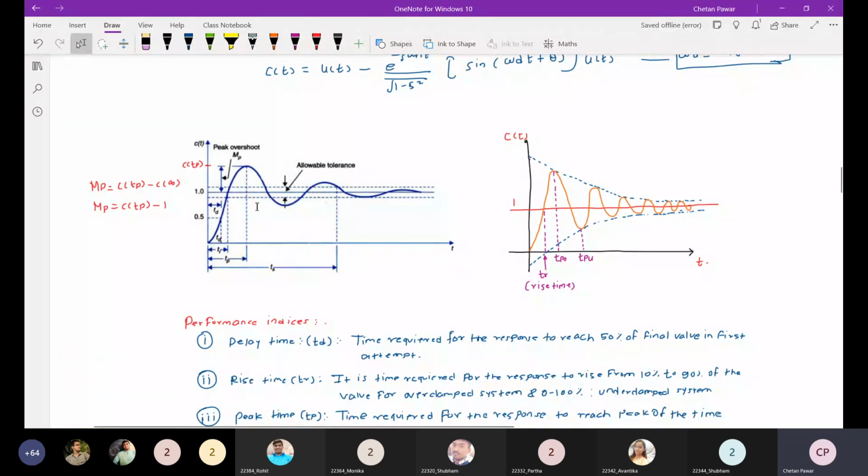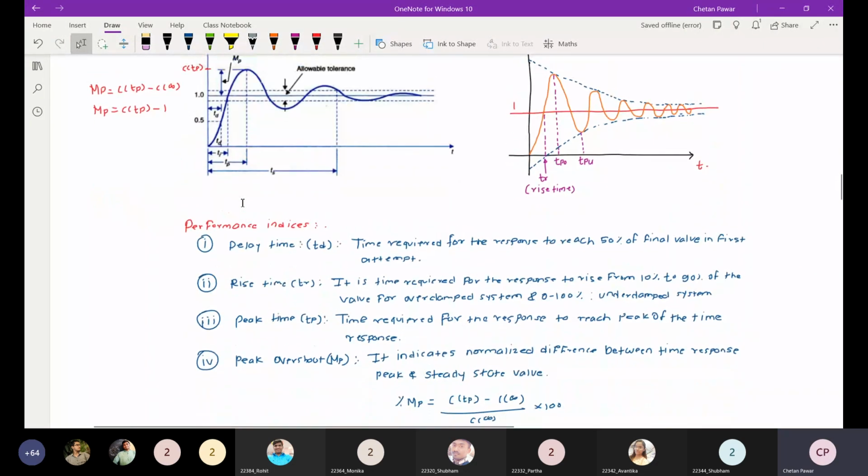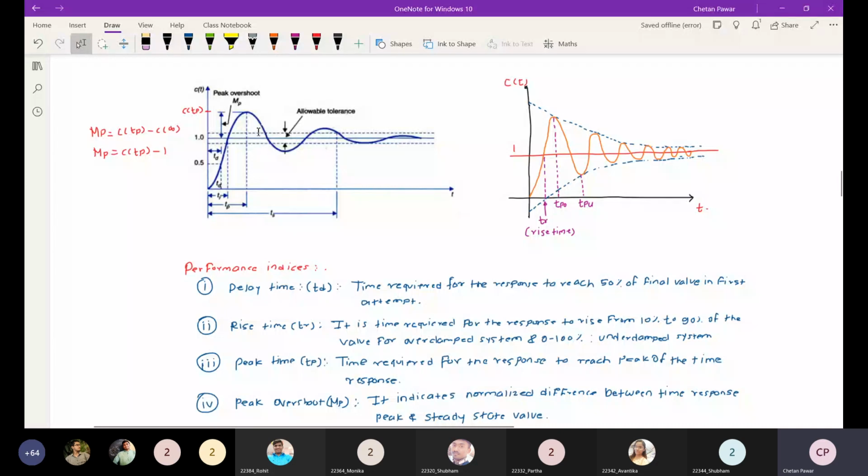Anyone can suggest any method? You have the output response equation with you. How will you calculate TP? You know all the values here, right? 0.5, 1.